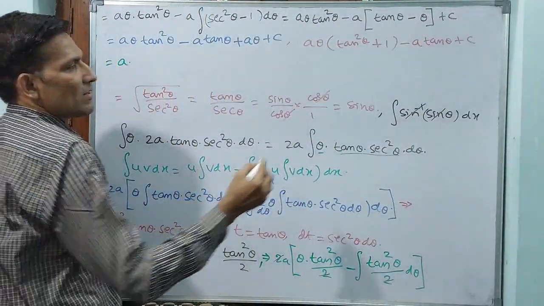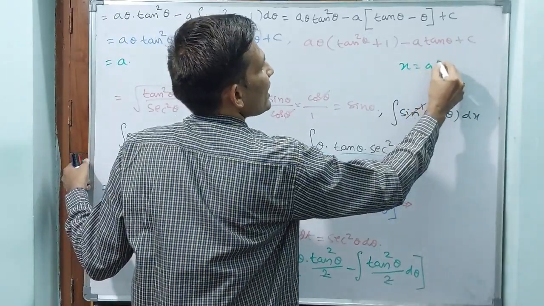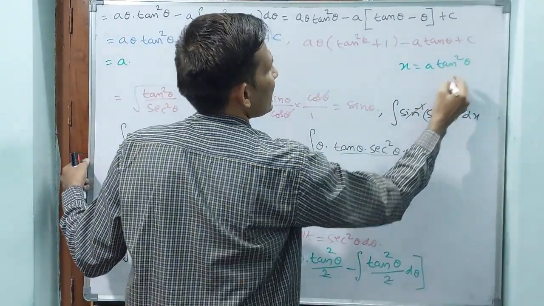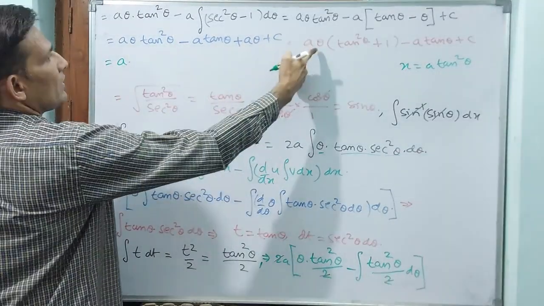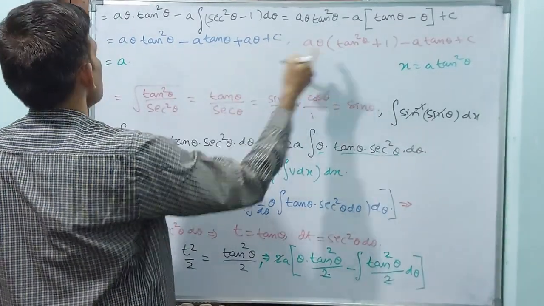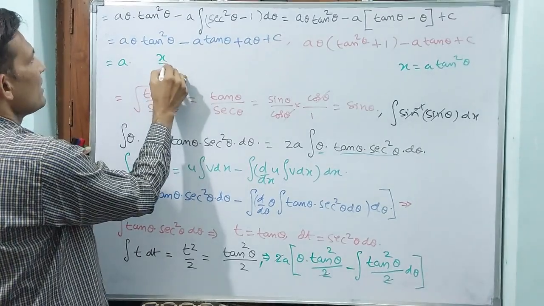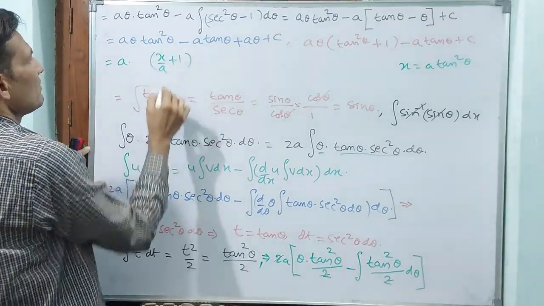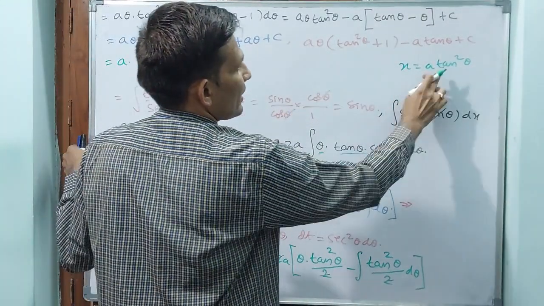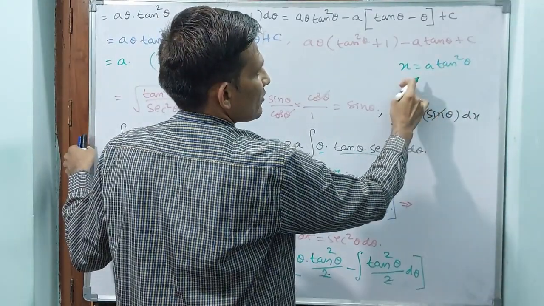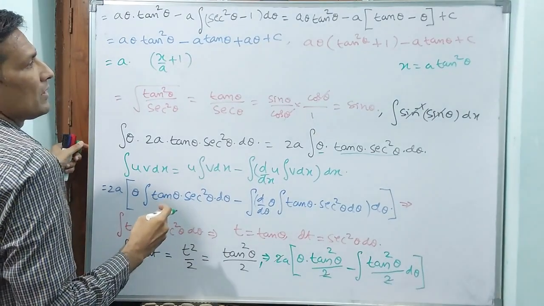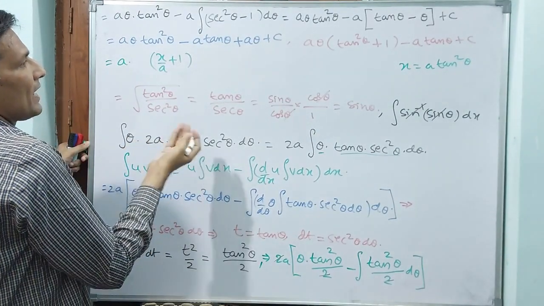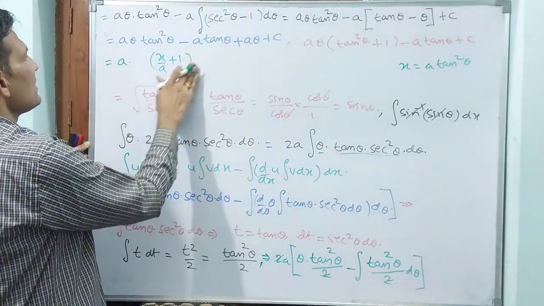What we have taken? We have taken x is equal to a tan square theta. So tan square theta is equal to x by a. That means I am writing x by a plus 1. And tan square theta is equal to x by a, tan theta is equal to root of x by a, and theta is equal to tan inverse root of x by a.